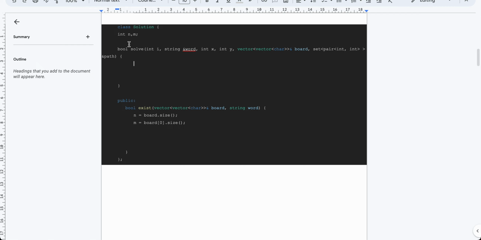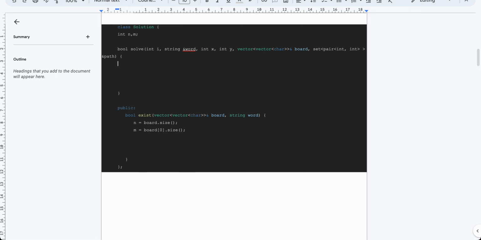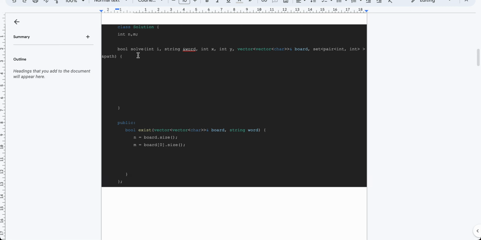So bool solve: which character I'm processing of this word, x and y where I'm standing in this board, and what is the path I have taken so far. If these two are equal, I should start from this path, x and y.